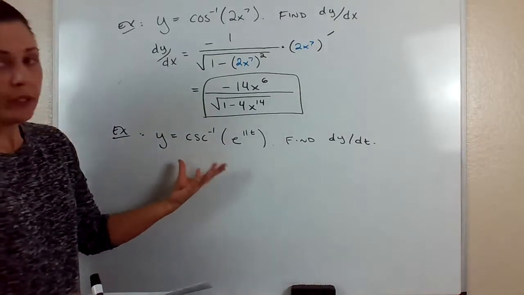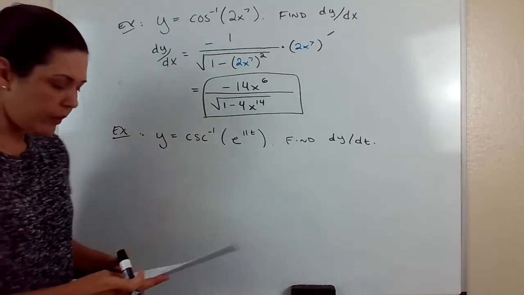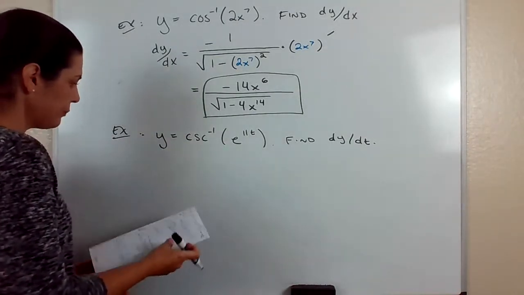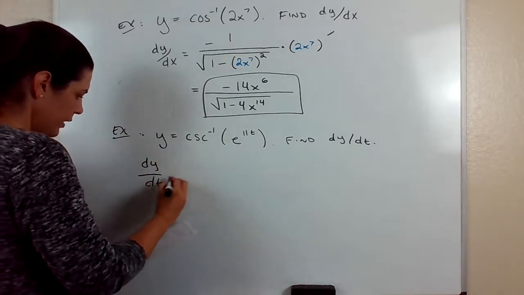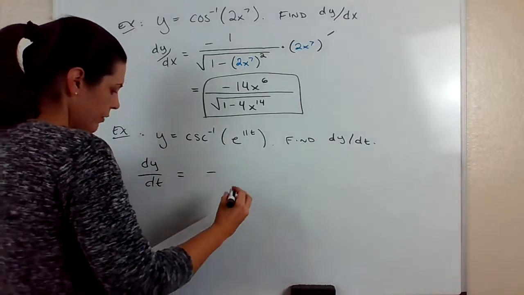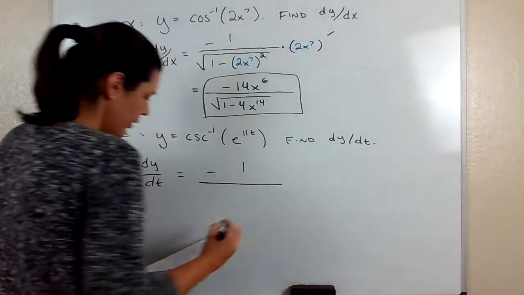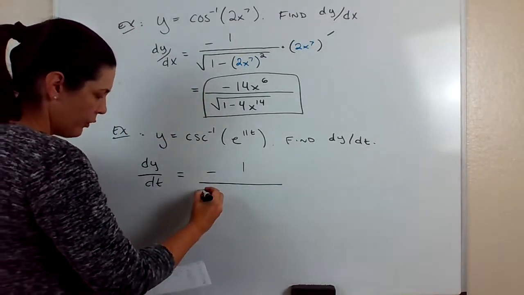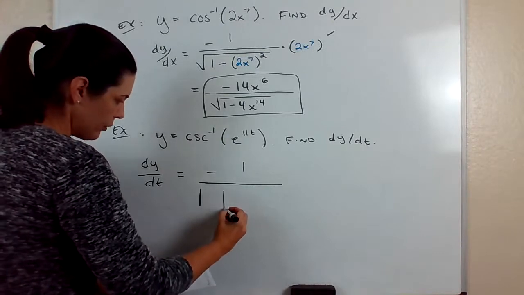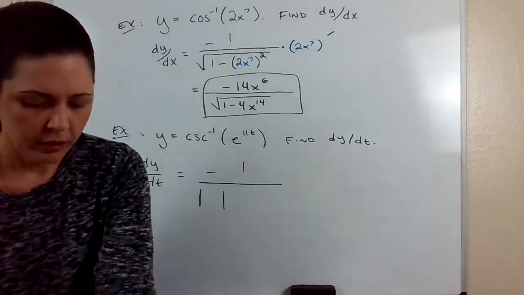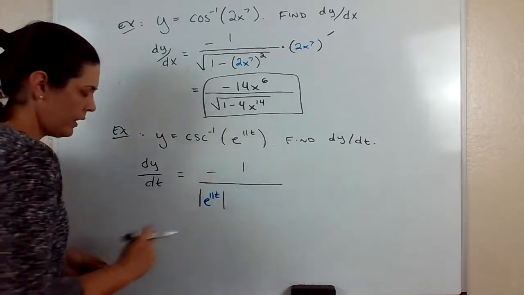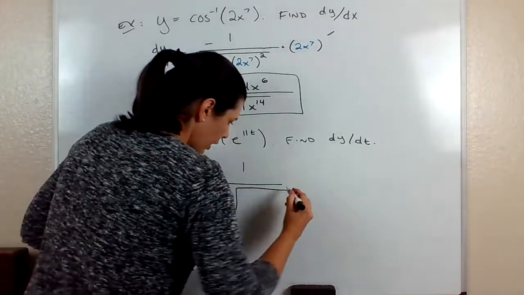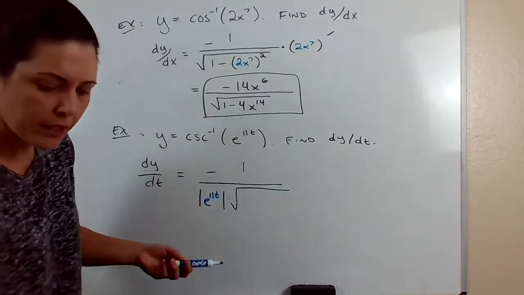So the derivative of y with respect to t is -1 over, this one had the absolute value of u, so the absolute value of your argument, in this case e to the 11t, times the square root of u squared minus 1.